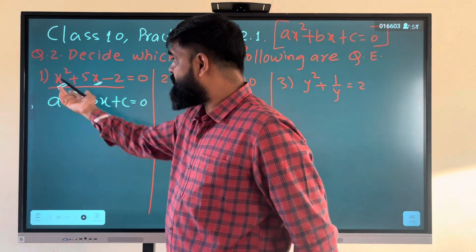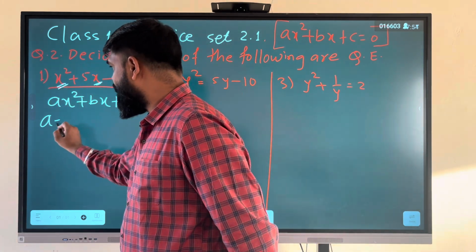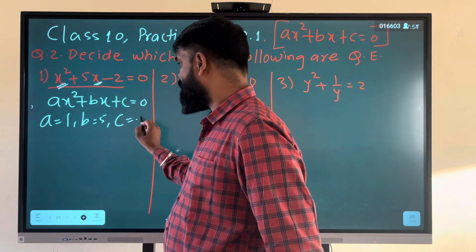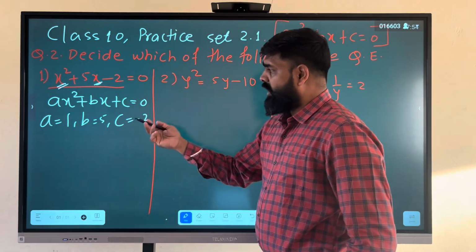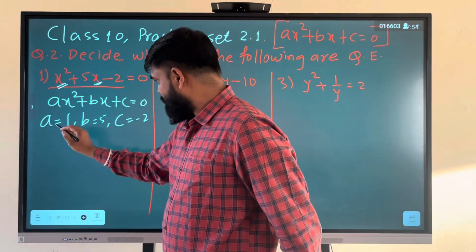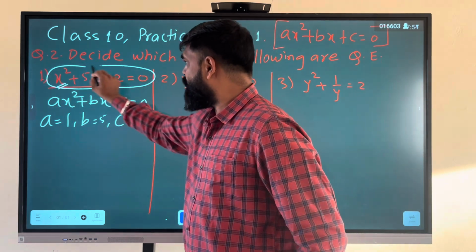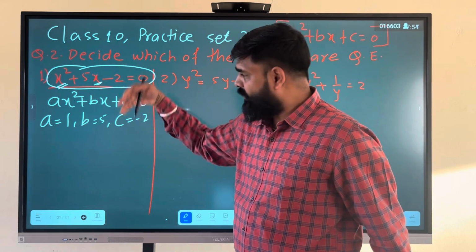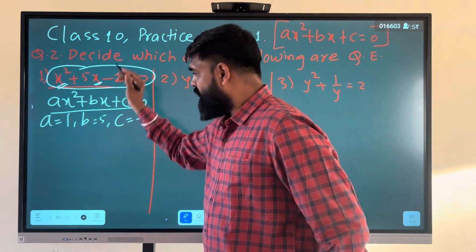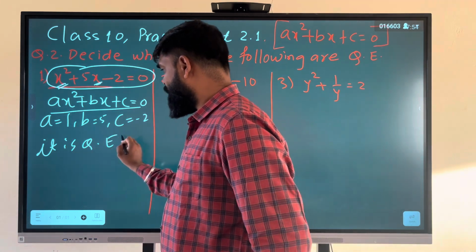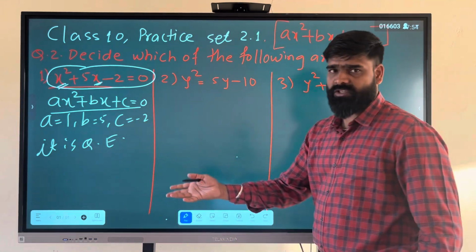If we compare, we get a is equal to 1, b is equal to 5, and c is equal to minus 2. So easily we come to know that equation number 1 gets compared with this, so we can write it is a quadratic equation. This was the first question.